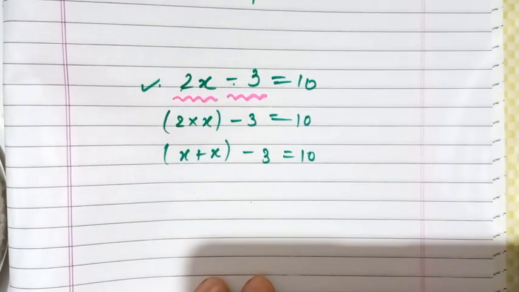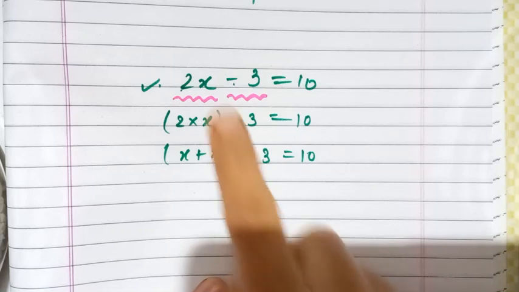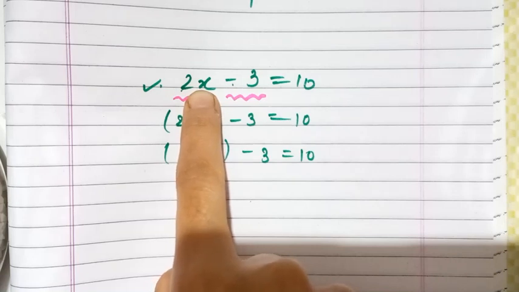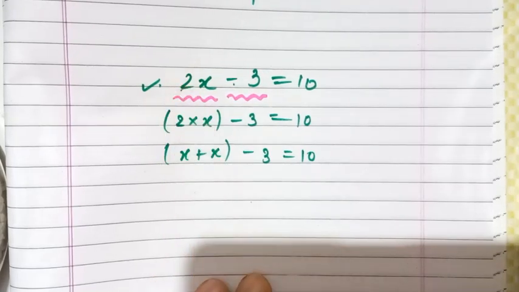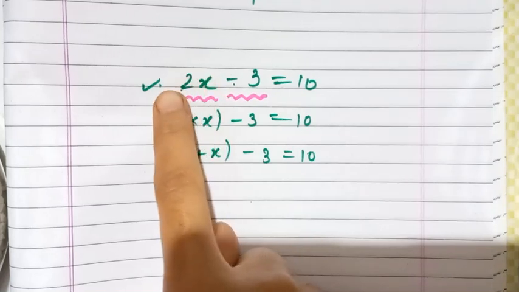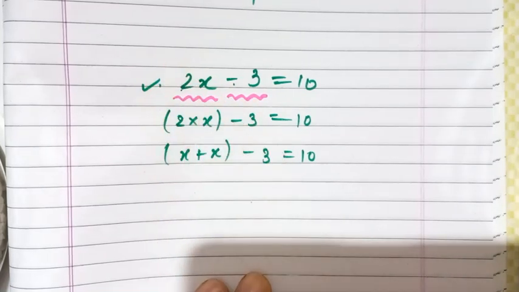Any number before the variable is the coefficient. With multiplication, here 2 is multiplied with x, so 2 is called the coefficient.